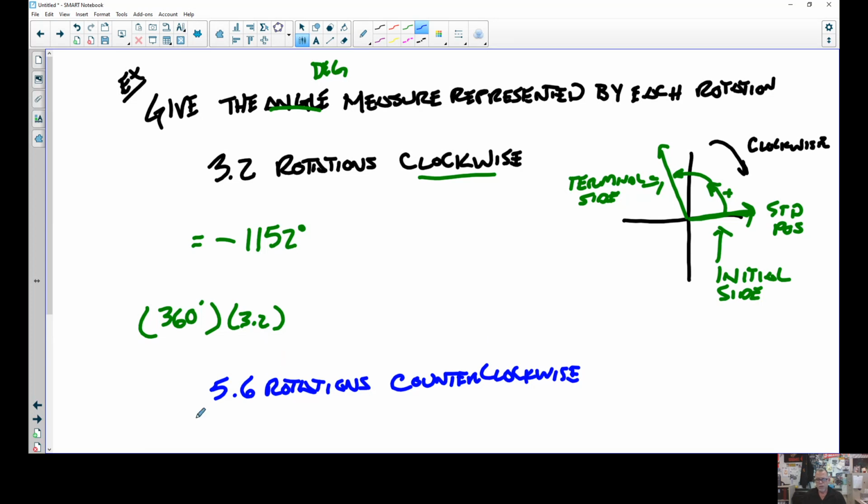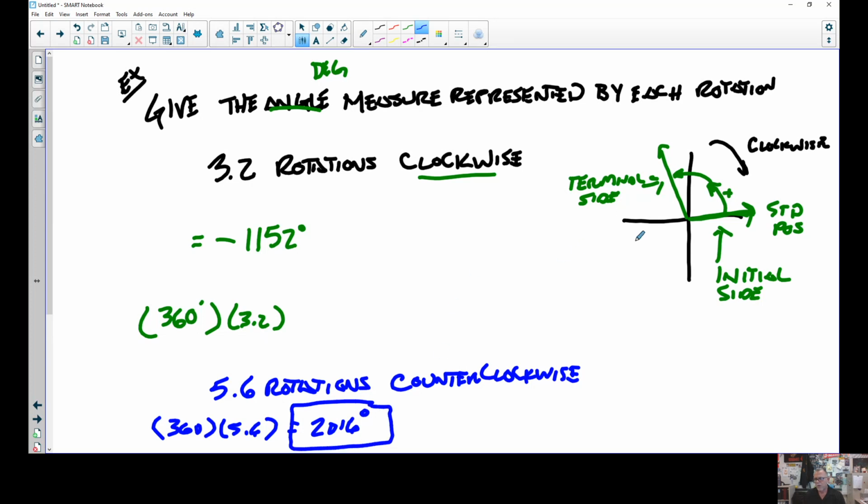So 5.6 rotations, we do the same thing. We do 360 times 5.6, and we get 2016. It's a good year, pre-COVID, right? So 2016 degrees, and that's positive. So I just write it as 2016 degrees. And that would be that solution.